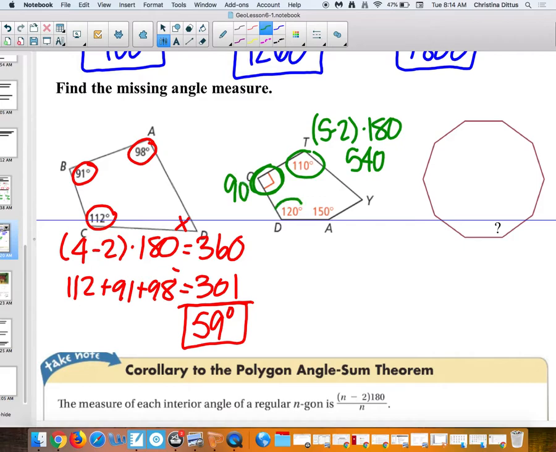Total up 110, 90, 120, 150. And what does that leave me with? That totals how much? 470. So I have 470 total, and I want 540. So it leaves me with what?